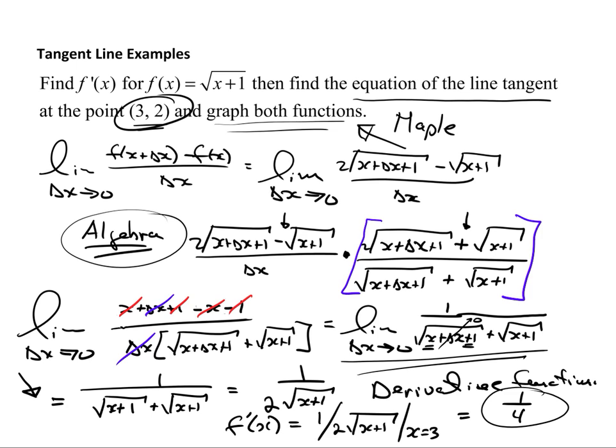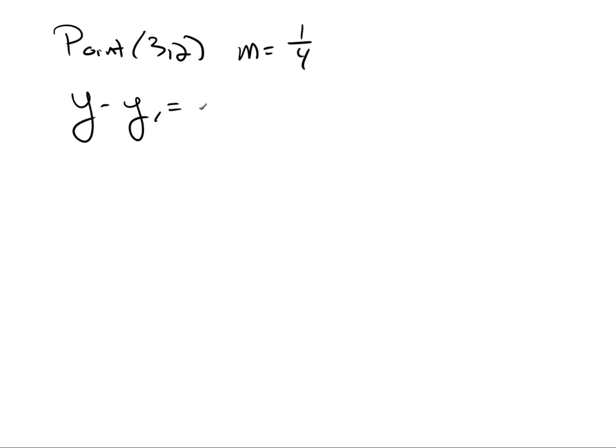So let's go back for a moment. Now that we know that the slope is 1/4, I have the point 3, 2. Let's find the equation of the actual tangent line. So I have the point 3, 2, and I know that slope is equal to 1/4. So I'm going to use y minus y1 equals the slope times x minus x1.